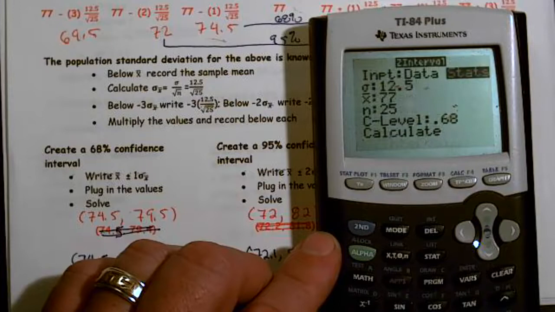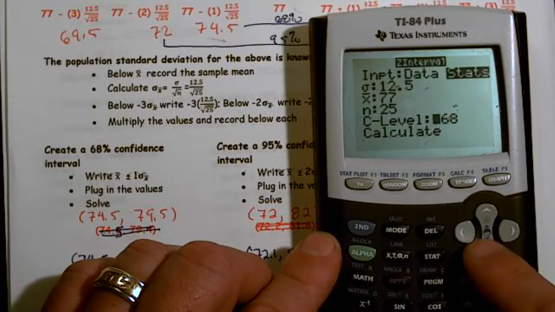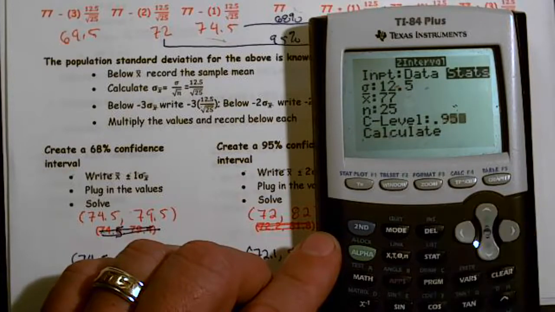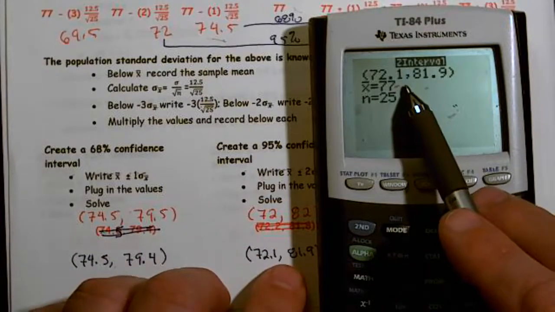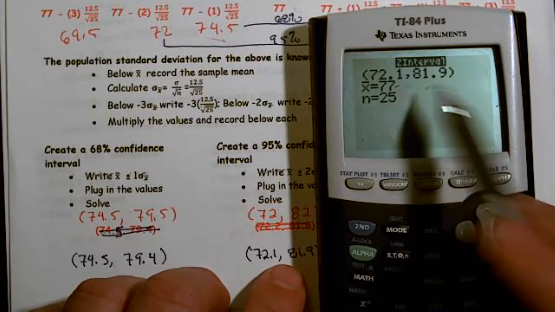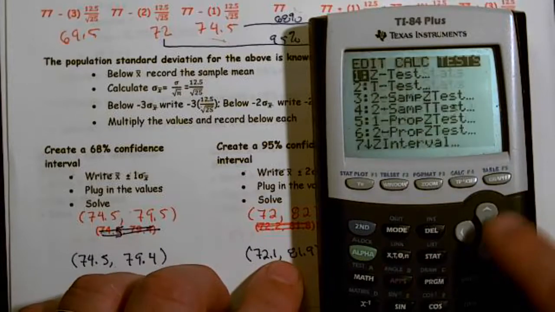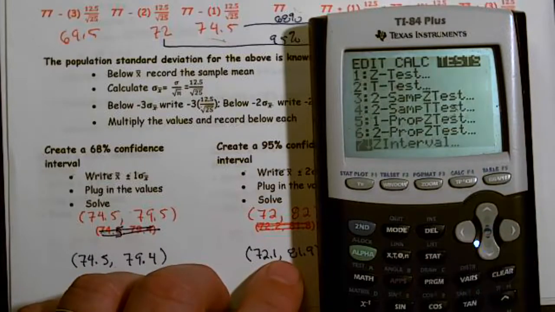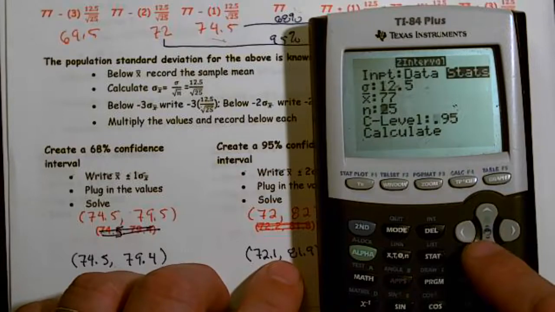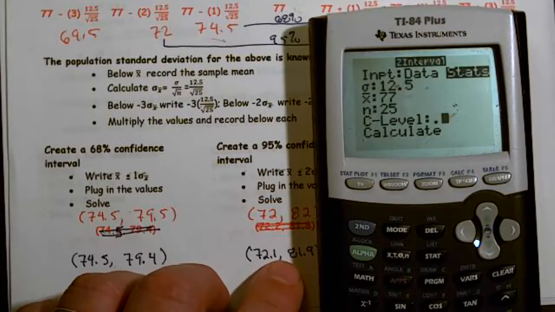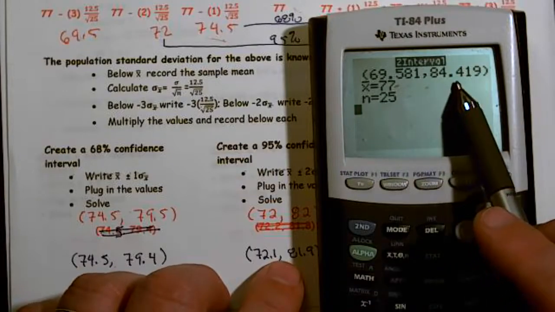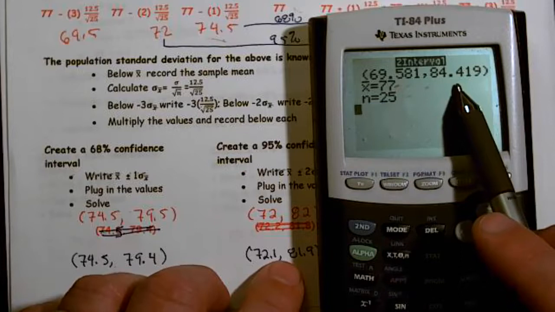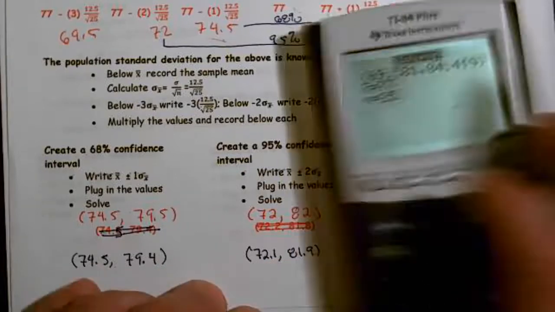If I want a confidence level of 0.95, I just put in 0.95, and I find out that it lies between 72.1 and 81.9. And then finally, for 0.997, we get 69.58 to 84.41. And that would be at 99.7%.